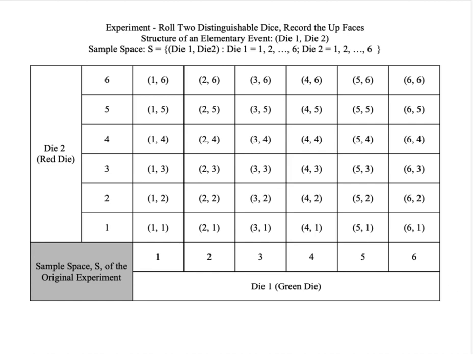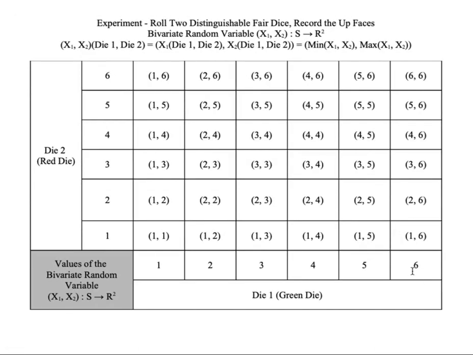And so here is what that looks like. Now, I still have die 1 on this axis and die 2 on this axis. What I've done is I've applied this transformation according to this bivariate random variable to the 36 possible outcomes in the experiment. And now notice that in some cases the order of the coordinates has changed, has flipped.